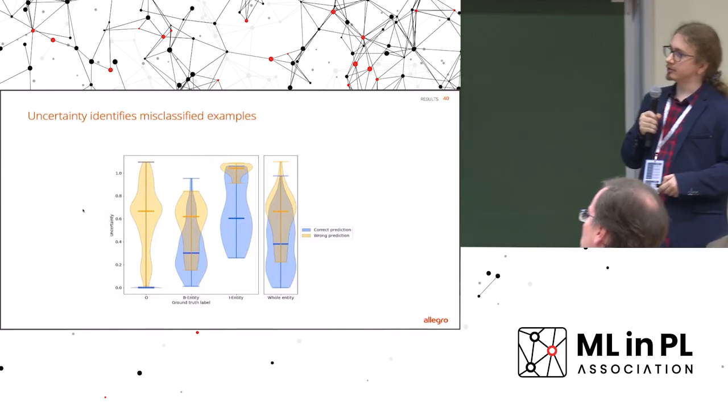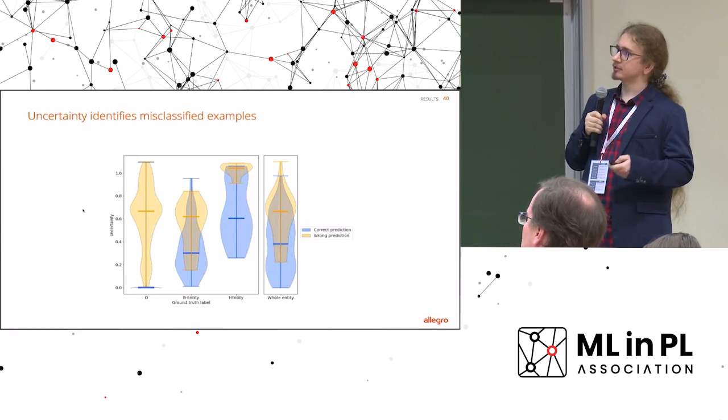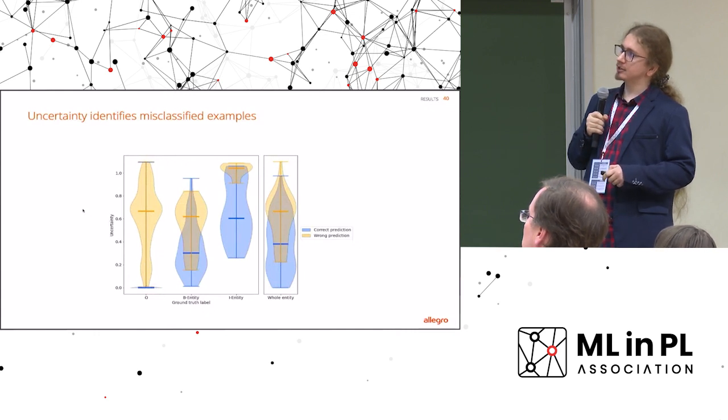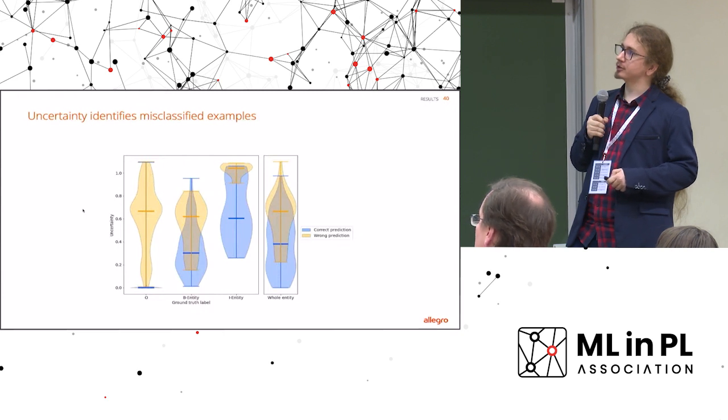So here on the x-axis is the ground truth label for the tokens that were aggregated here. And here on the y-axis you can see just the uncertainty level. So this is this predictive entropy. And in all cases you can see that when we have wrong predictions, the median uncertainty is much higher than for correct predictions.